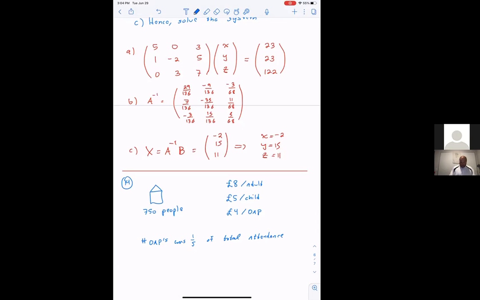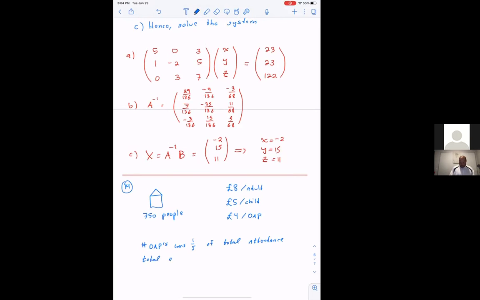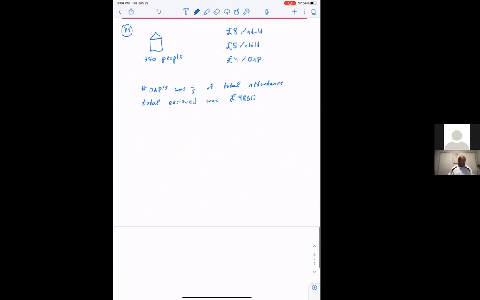The total amount received was 4,860 pounds. Use a matrix method. It doesn't just say get the answer, it says use a matrix method. And by the way, this is 9 marks. It says use a matrix method to determine the number of children.